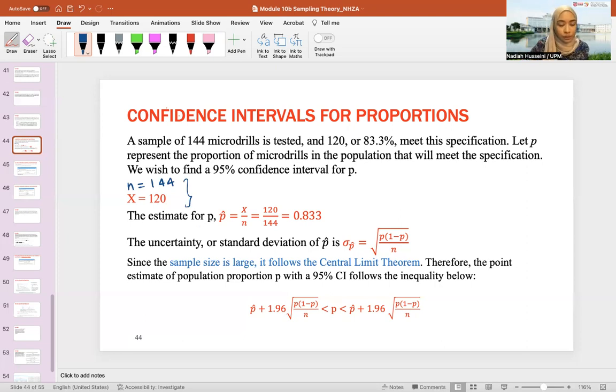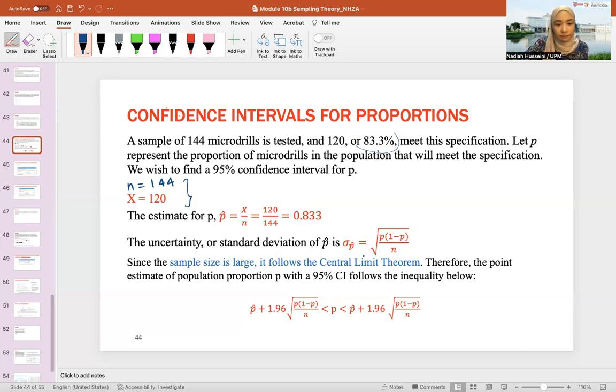So the estimate for P, or the probability, is given by P hat. We call this P hat equals x over n. So 120 over 144, you get your percentage over here, or 0.833. The uncertainty, or the standard deviation for P hat, is given by the square root of P times 1 minus P over n.